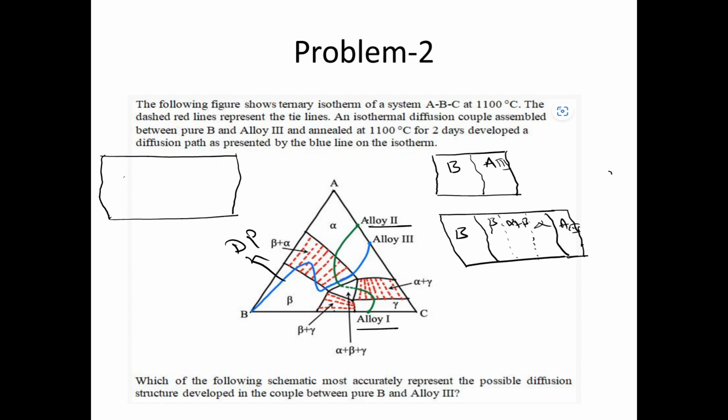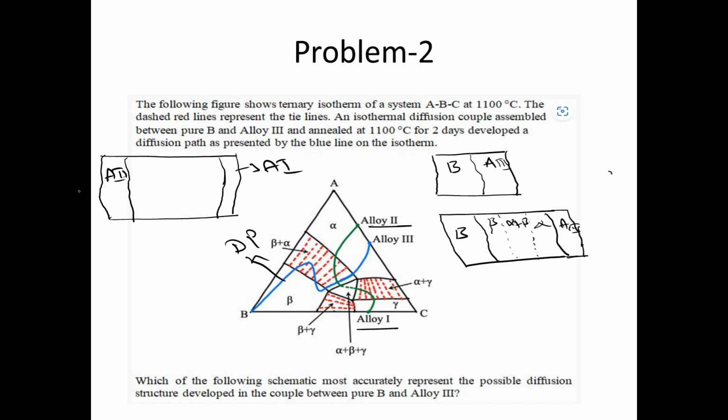First, we have to follow the diffusion path. Make this alloy 2, and this alloy 1.